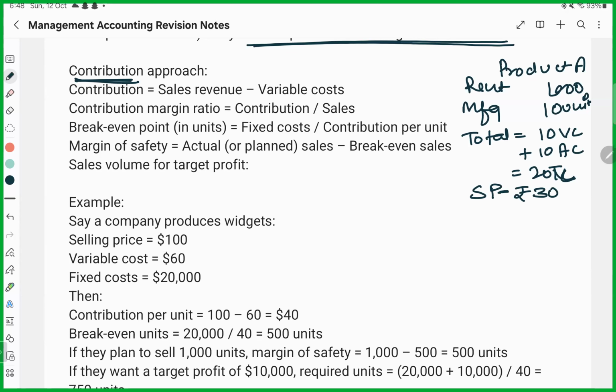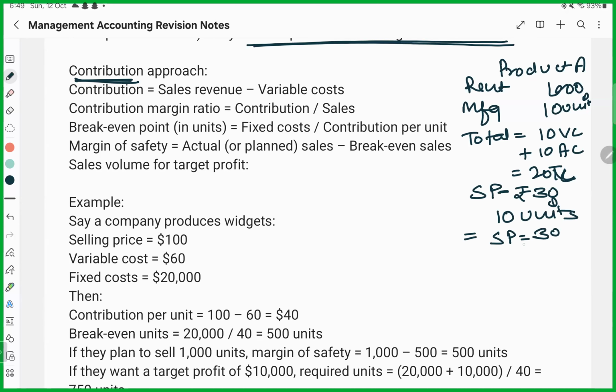If the company decides that it wants to increase the number of units by, let's say, 10 units, instead of manufacturing 100 units, the company decides to manufacture 110 units. Now in this case, for 10 units my selling price would remain the same, that is 30.